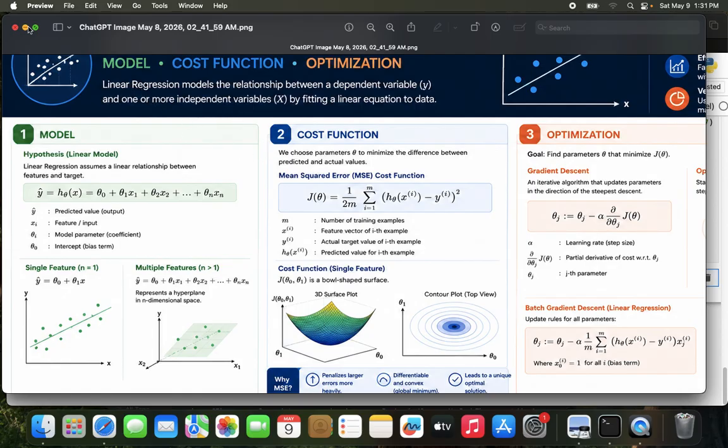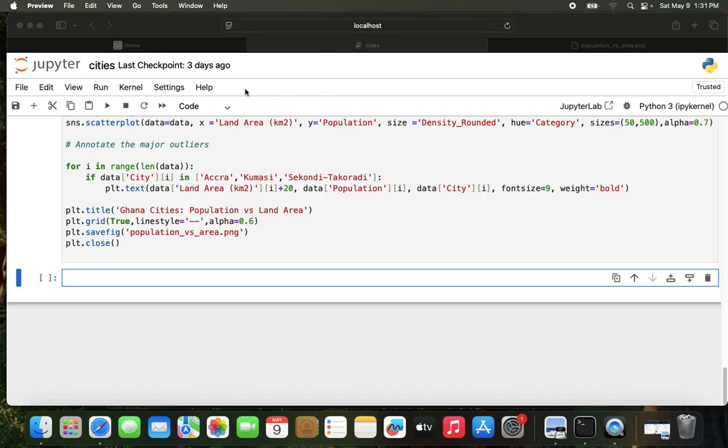So let's get back to Jupyter Notebook. To begin, we're going to import from sklearn.